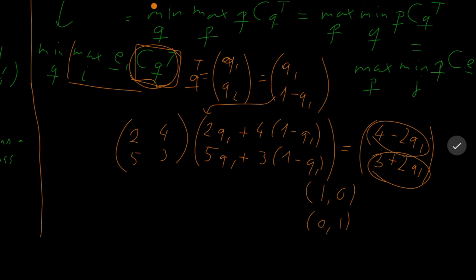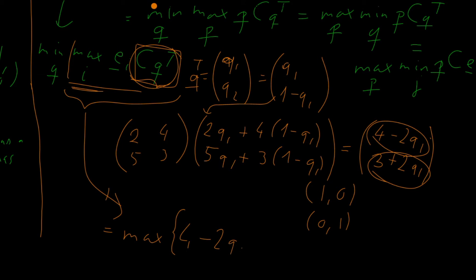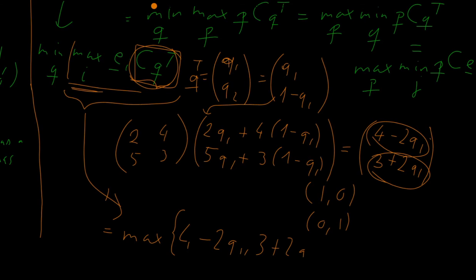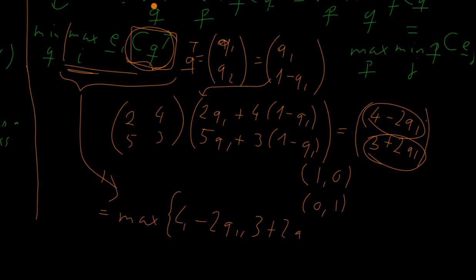And I have to choose the maximum of these values, which means that this expression here is just the maximum of two things: the maximum of 4 minus 2Q1 and 3 plus 2Q1. And I have to minimize this part.